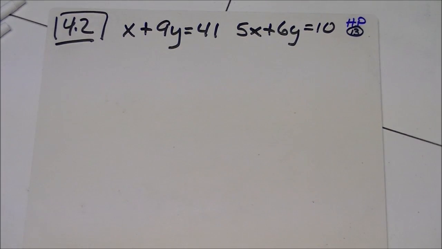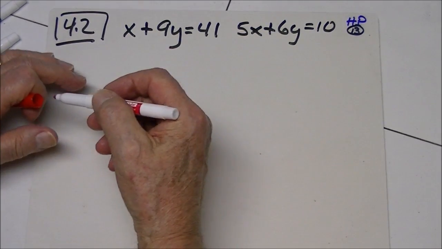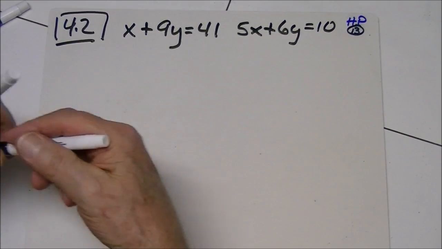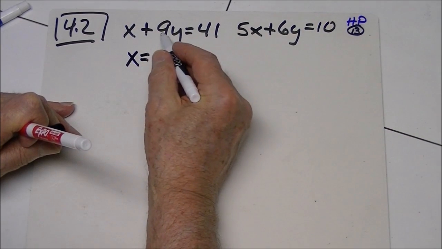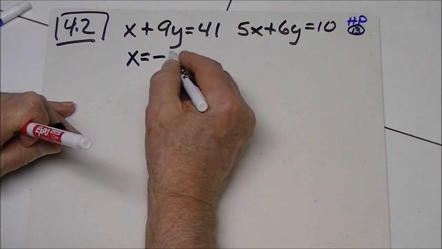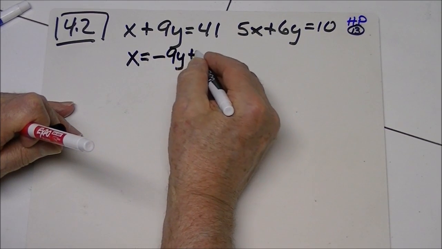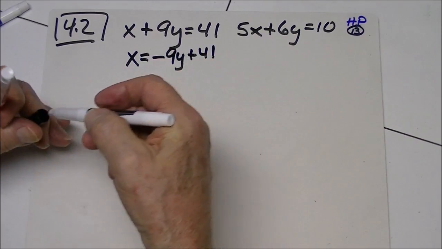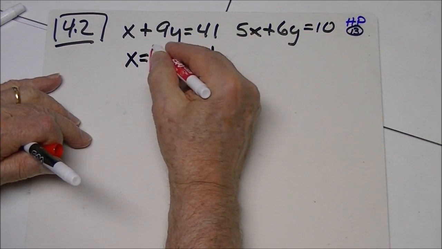And so what we're asked to do here is to solve for x. So we'll do that by just transposing the 9y to the other side, where it becomes a negative 9y plus 41. Now we have a value for x.